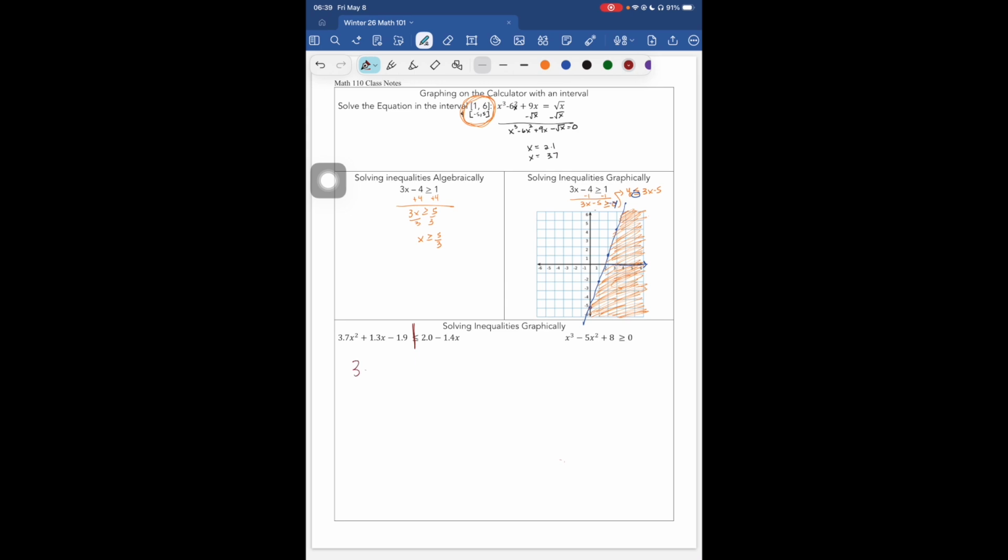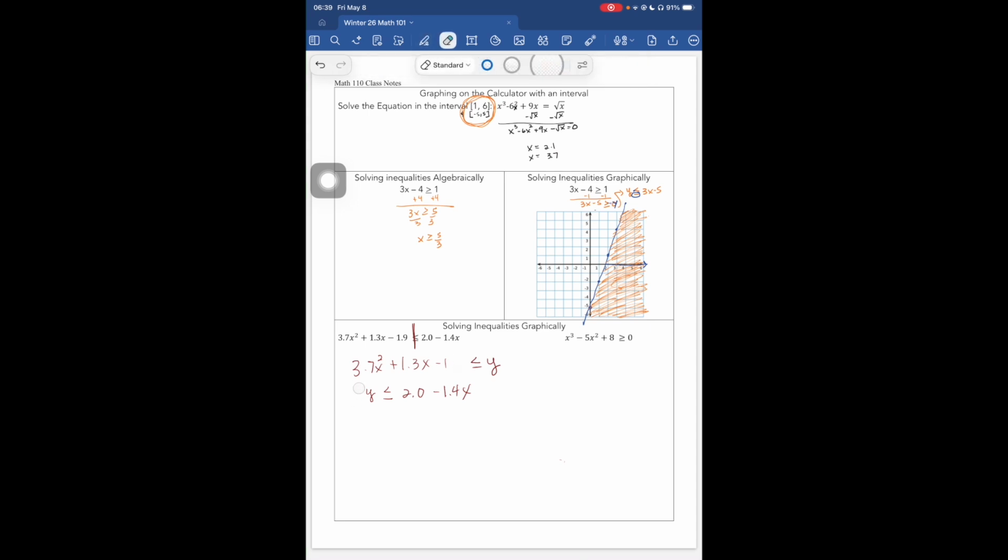So we have 3.7x squared plus 1.3x minus 1.9 is less than or equal to 0, which we know is also y. On the other side, we have 0, or y, is less than or equal to 2.0 minus 1.4x. And I'm going to plug these right into my calculator.